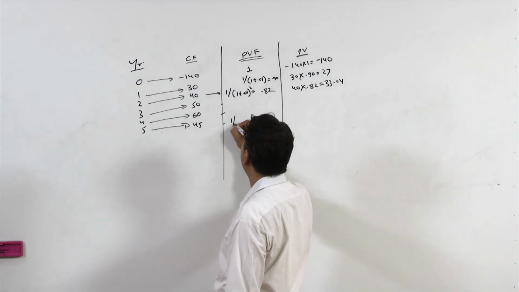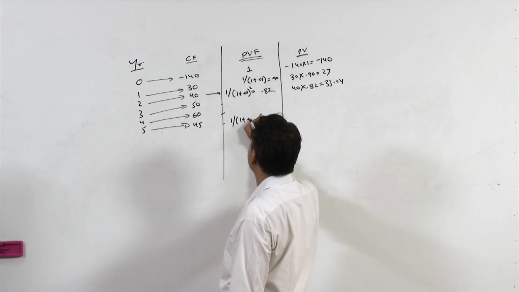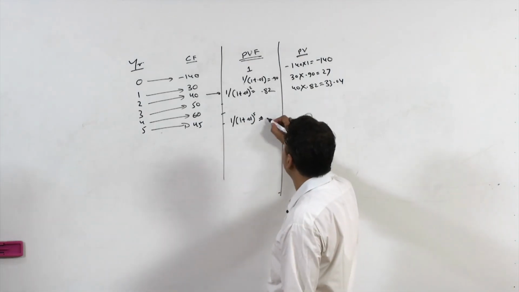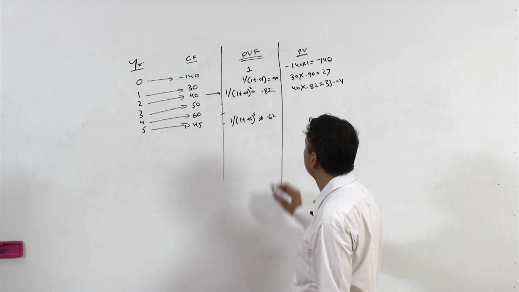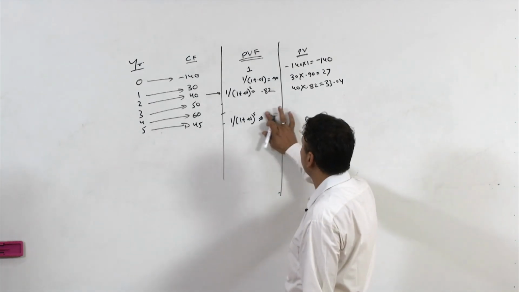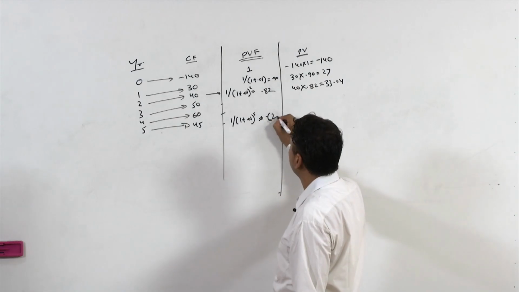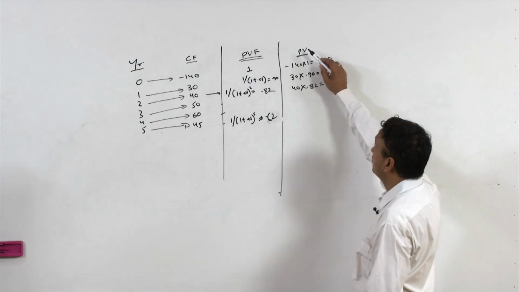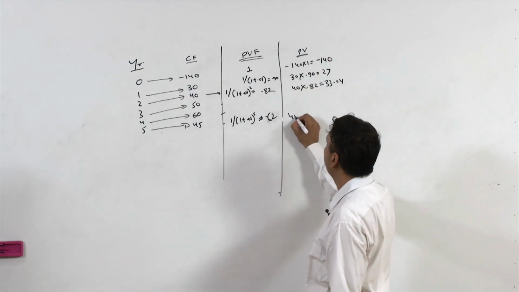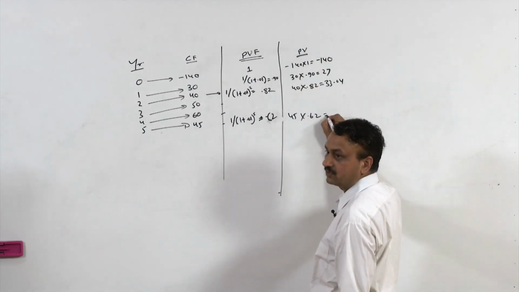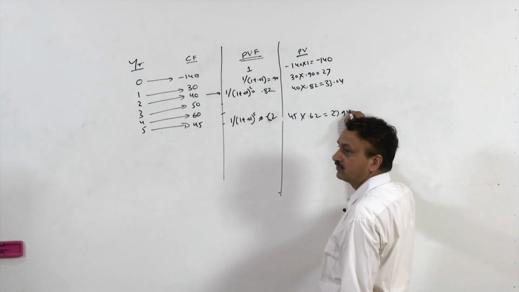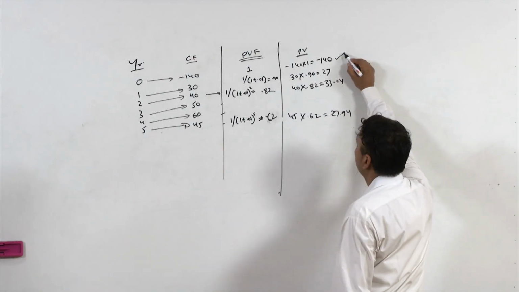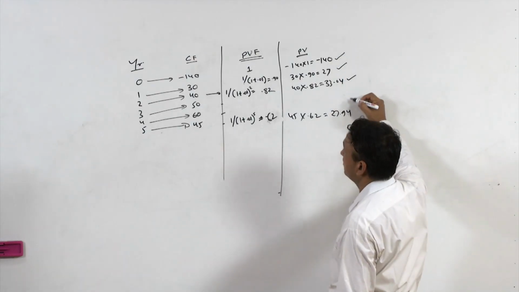So, 1 divided by 1 plus 0.1 to the power 5 is equal to 0.62. So how would we get the PV? This 45 into 0.62 is equal to 27.94.